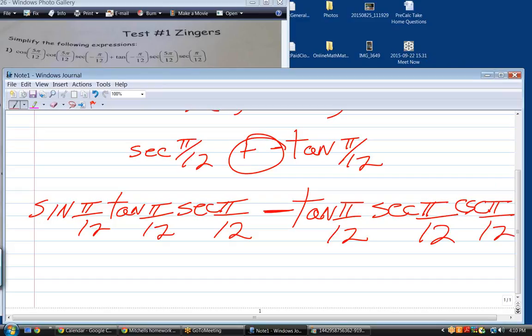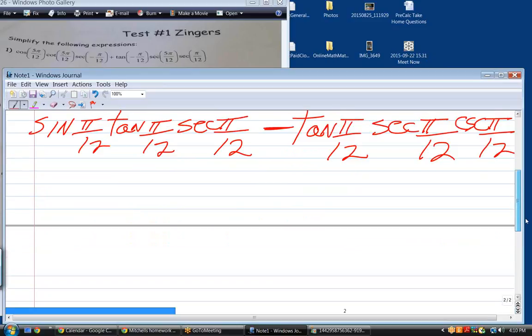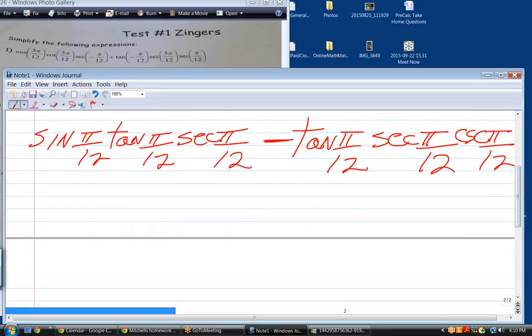Yeah. Now, where we go once the angles are the same, unless you see something clearly obvious, probably the best thing is just convert everything to sines and cosines and see what you got. So, what is tangent? Sine over cosine.